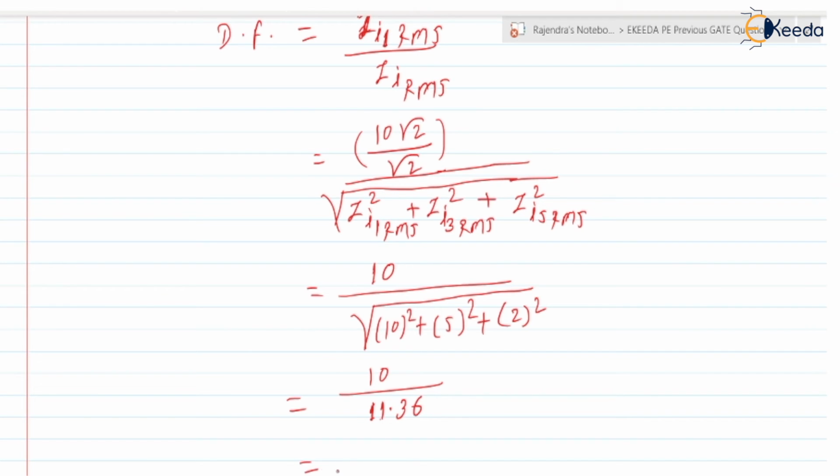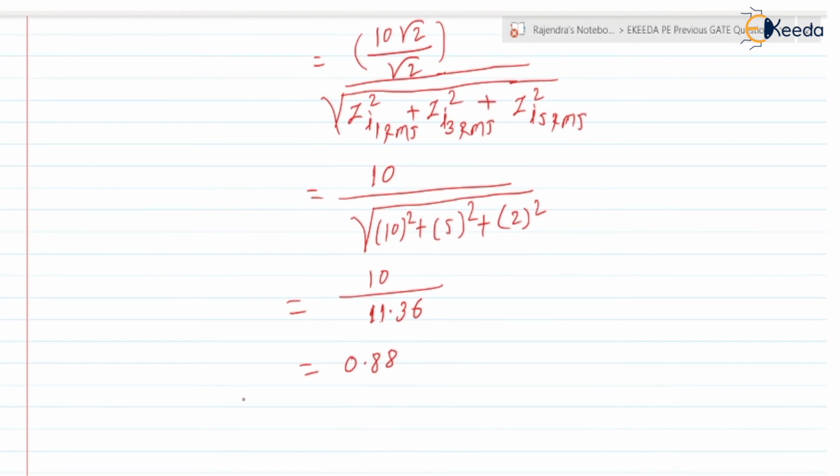If you check, it is 10 divided by this term, so it is 0.88. This is the distortion factor. Therefore, what is the input power factor? Input power factor is equal to displacement power factor into distortion factor.